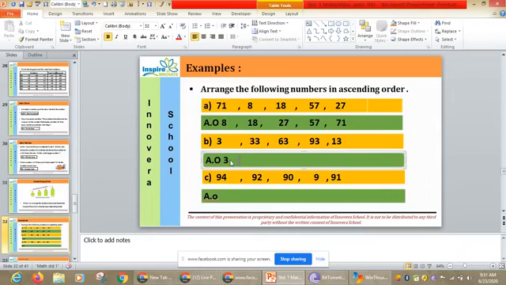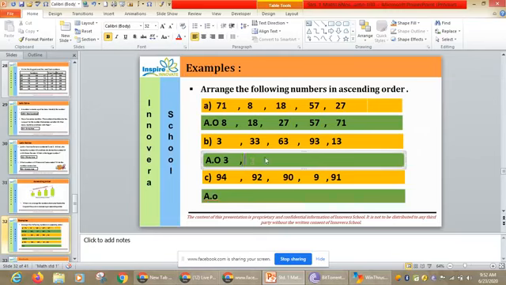After 3, check the remaining numbers. In the first number, in the tens place, we are having 3. In number 63, in the tens place 6 is there. In 93, tens place 9 is there. And in 13, 1 is there. So which will be the smaller number after 3?